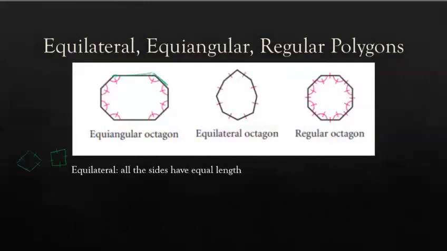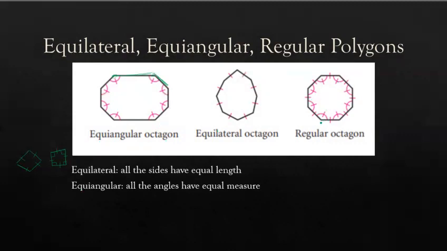So equiangular would mean that all the angles have the same measure. In this rhombus, the angles are not the same measure, but the square is. The square has 90-degree corners on all corners. So a square ends up looking like the same markings as this regular octagon.